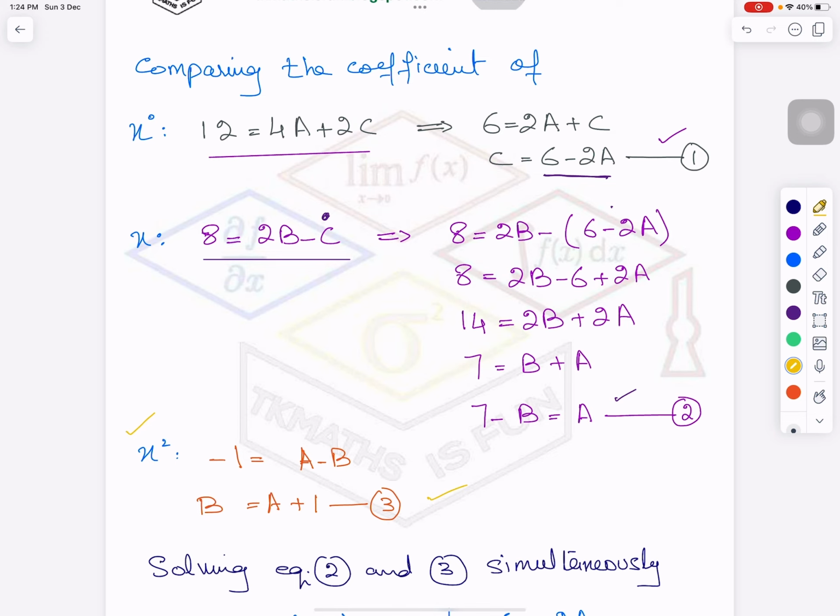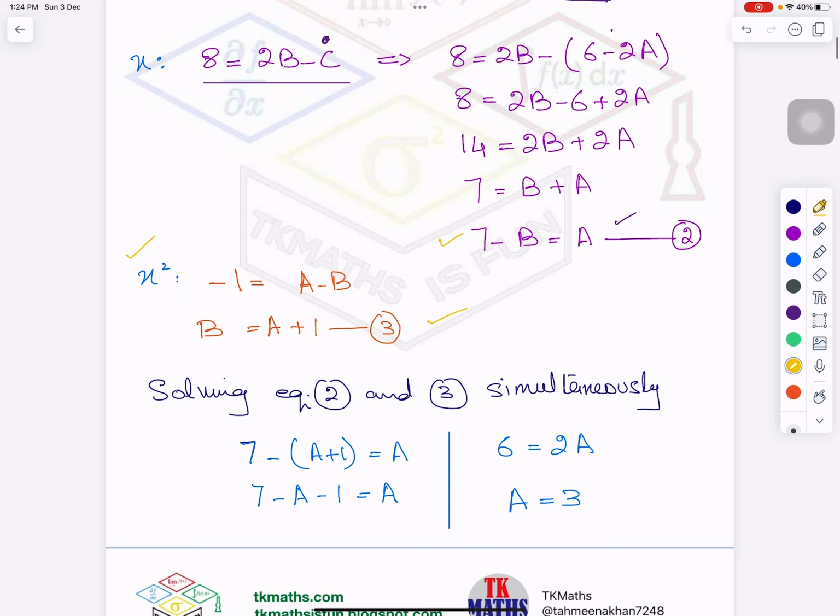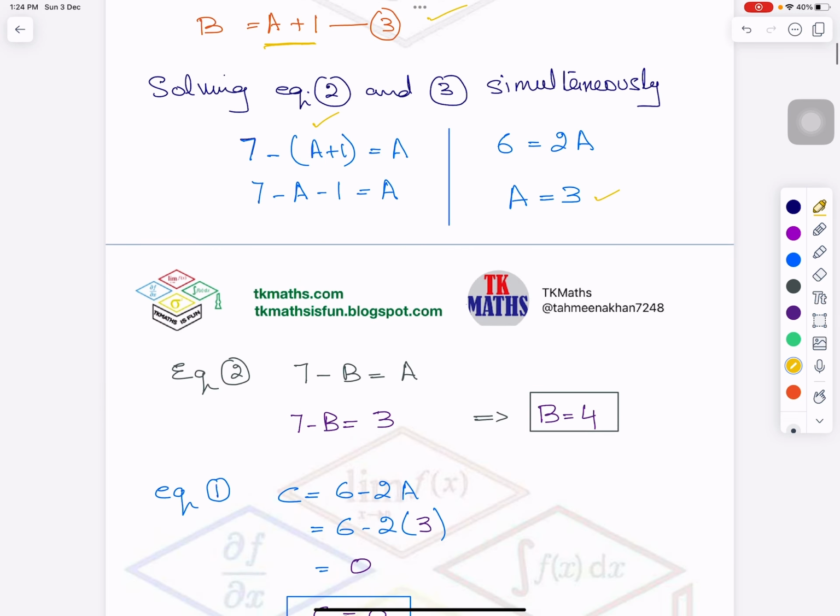Then I have solved this equation and this equation simultaneously and got the value of a. So this value of a I am plugging in here. You can see here, I simplified and got a equals 3. Now this a, if you substitute back in equation number 2, you will get the value of b, which is 4.